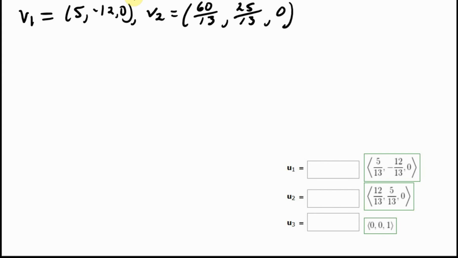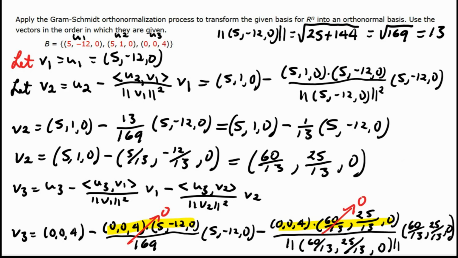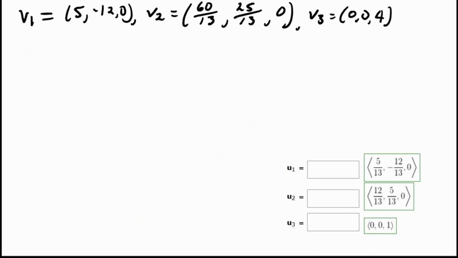I have to go back and check my sign. Then v sub 3 is (0, 0, 4). So v sub 2, okay, it's all positive, 60, 25, and 0. Now we find the orthonormal vectors.